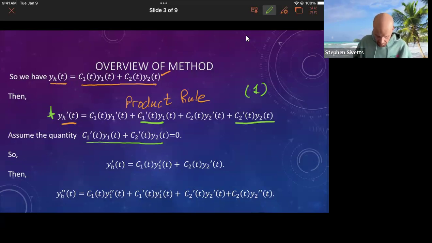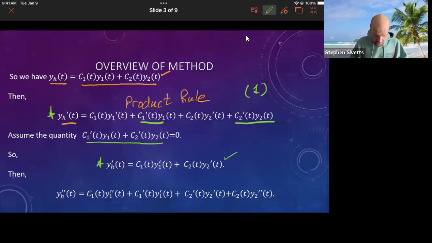So that will reduce down to having the equation for yh prime of t equal to this quantity, right? c1 of t times y1 prime of t plus c2 of t times y2 prime of t, okay?